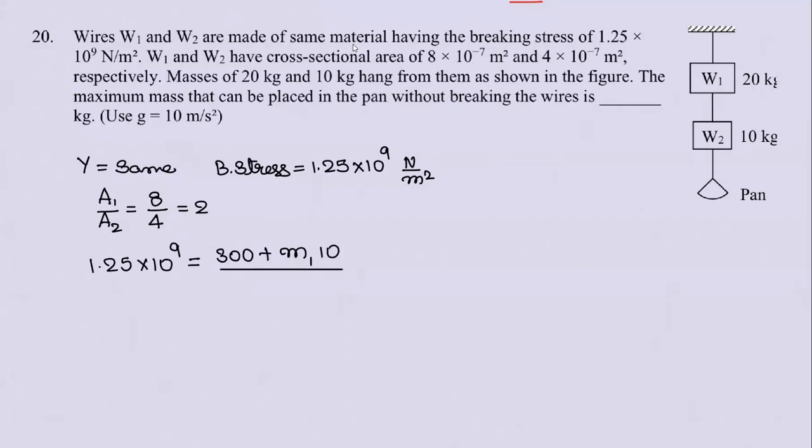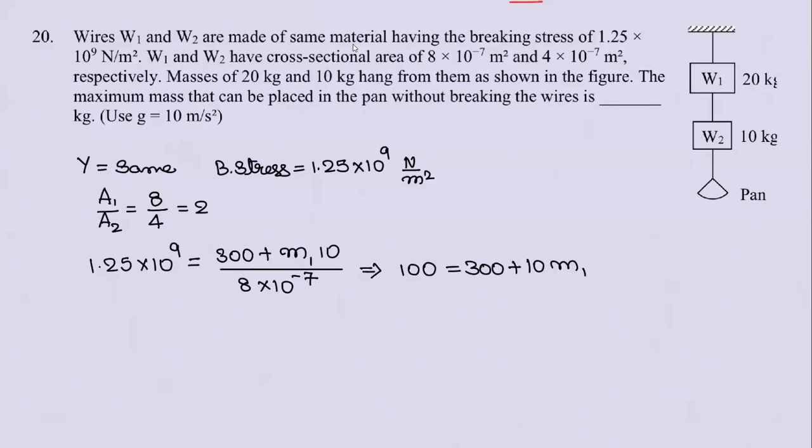What is area? W1 is 8 into 10 power minus 7. That will go there. So 8 into 1.25 will be 10, right? Yeah, 10 into 10 power minus 7. This will go there. This will be 100, right? Yeah, 100 is equal to 300 plus 10 M1.